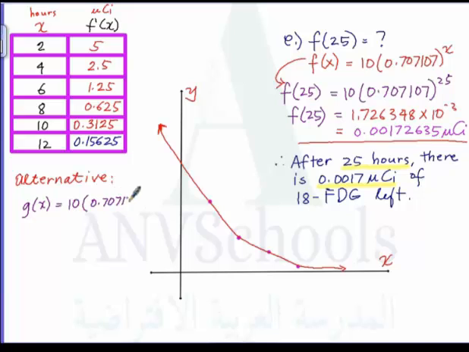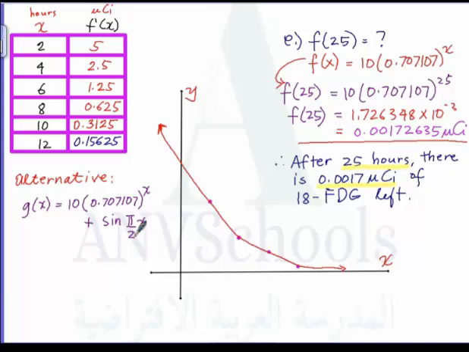0.707107 raised to x plus sine of pi over 2x. So this is a sinusoidal function. This is a trigonometric function.